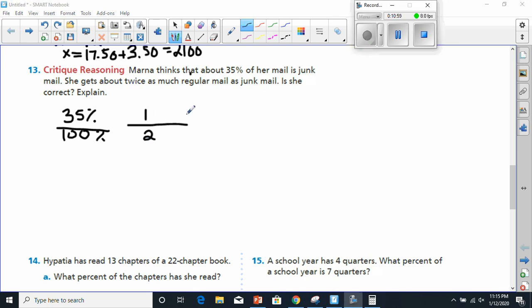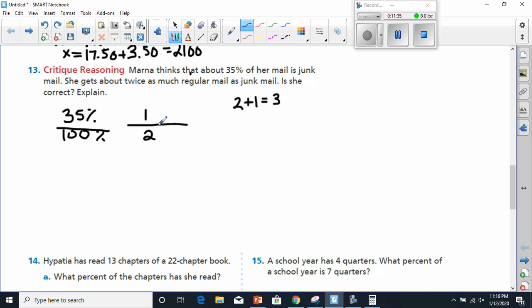I do see one thing here that I have to go ahead and address, because though it does say she gets about twice as much regular mail as junk mail, well, this 100% here means 100% of her mail, which means we'd have to take the 2 mails that she gets that are not junk mail and add them to the one that she does have to get the total amount.